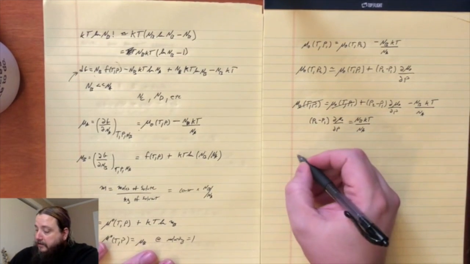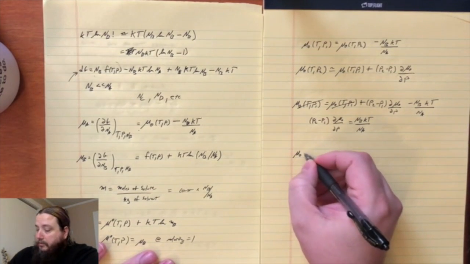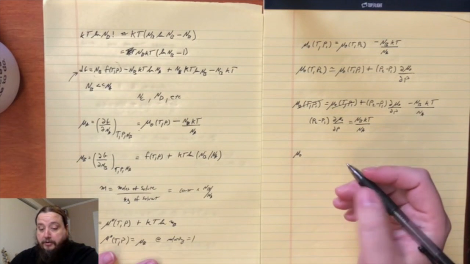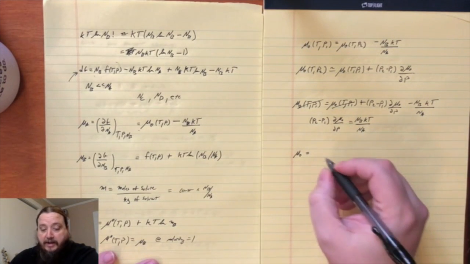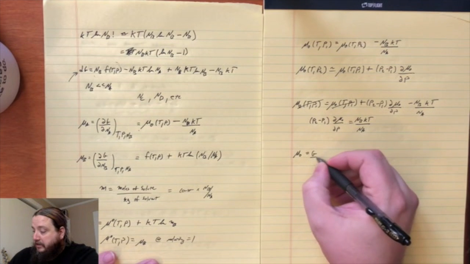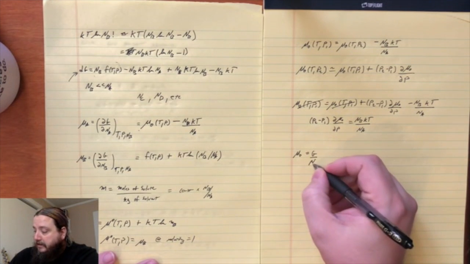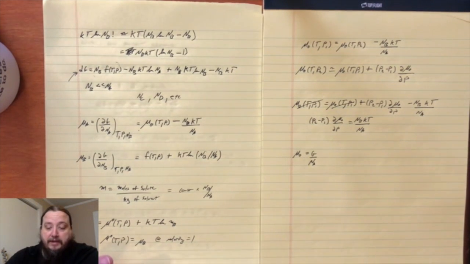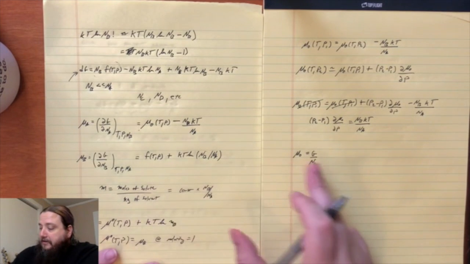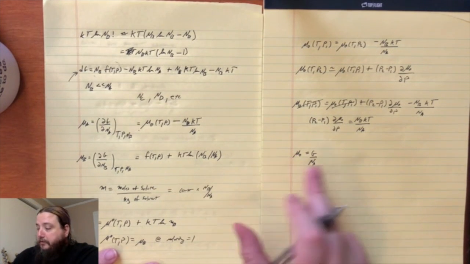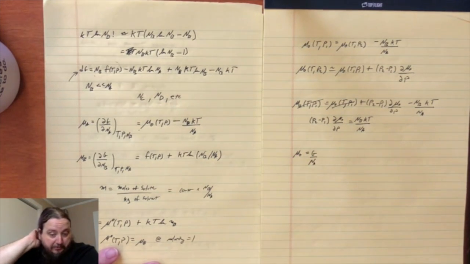Notice that mu naught, which is the chemical potential for a pure substance, could be written as G over N, with N_A being the number of particles of our pure substance, and N_A times the chemical potential of our pure substance would give us the Gibbs free energy.